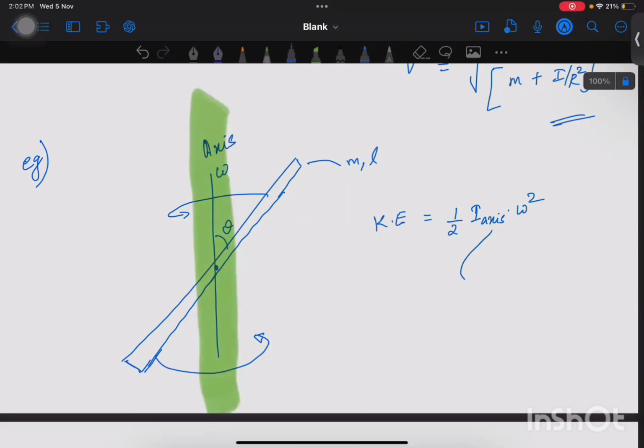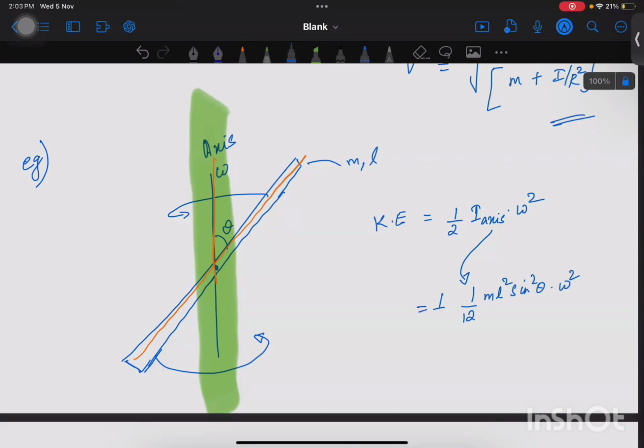You'll go back to the first or second lecture on this moment of inertia. A rod which is inclined at an angle of theta to the axis has a moment of inertia of how much? 1 by 12 m l square sine square theta, correct? That's all.